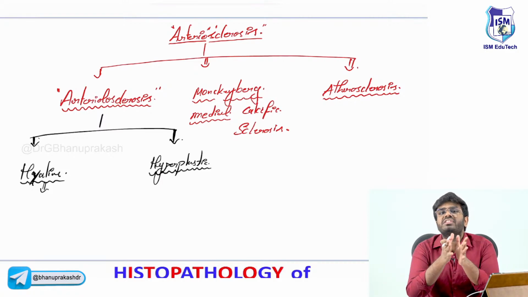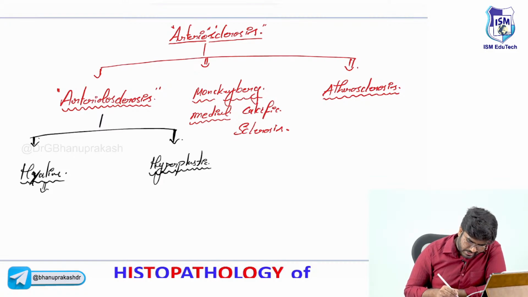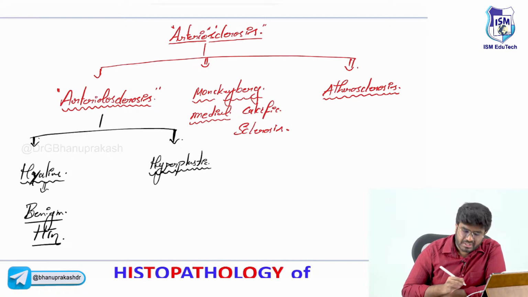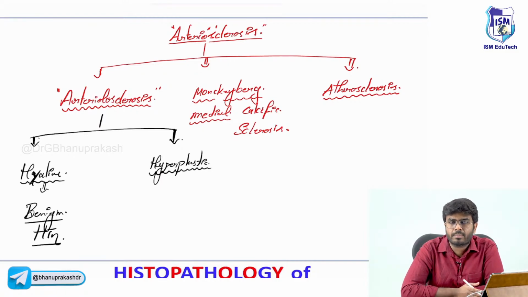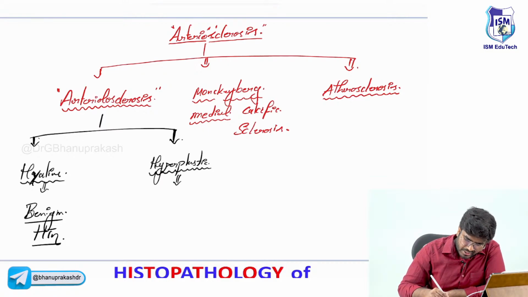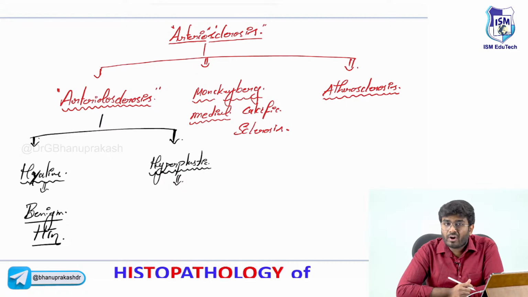In which condition is it seen? I will show you the images also. Hyaline arteriosclerosis is seen in benign hypertension. The patient is suffering from benign hypertension; hypertension is there, but it's not too much, in the range of 150, 160 mmHg. So benign hypertension, hyaline arteriosclerosis. And then what is hyperplastic arteriosclerosis?